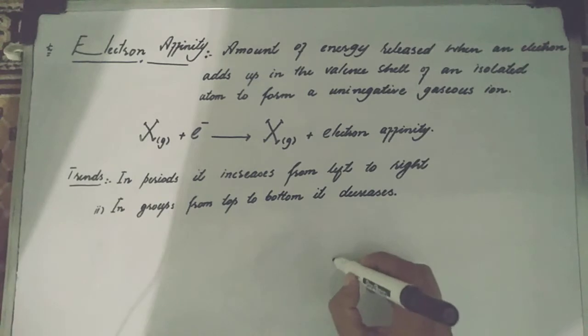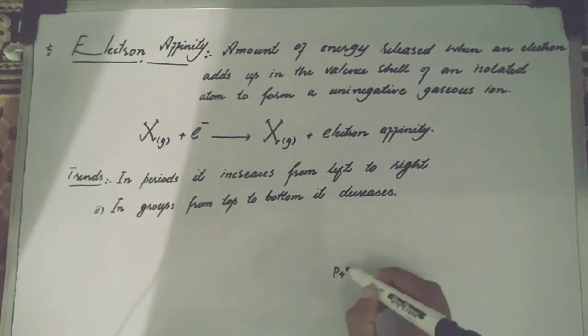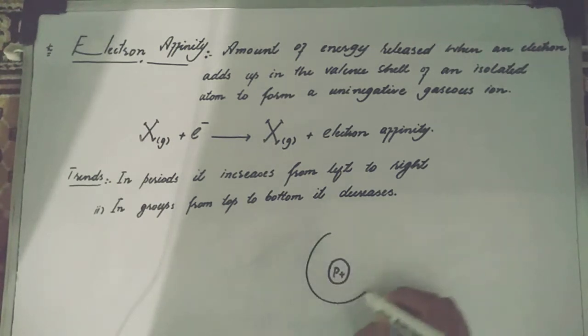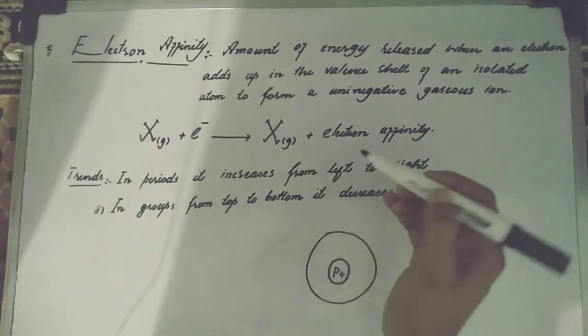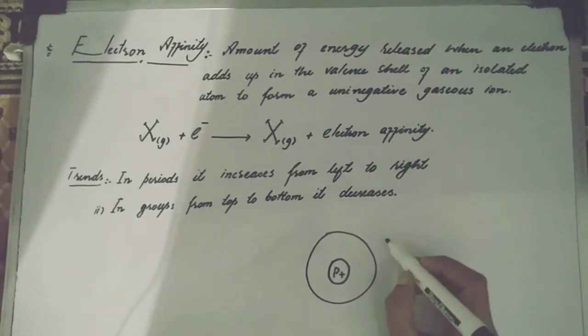So if this is an atom, protons are here, this is its nucleus and its valence shell. Electron affinity is the love of an atom for an electron.